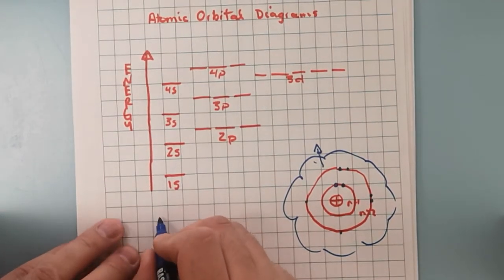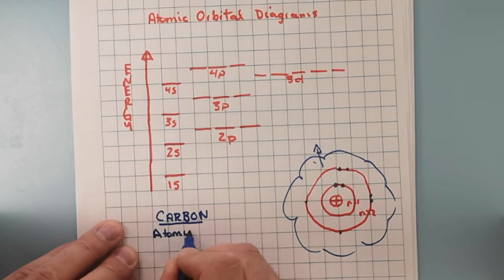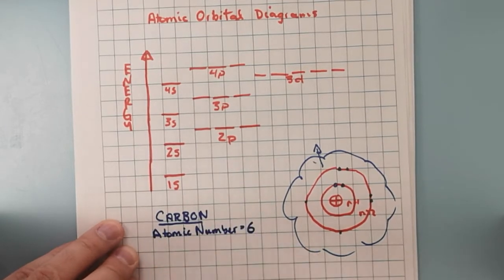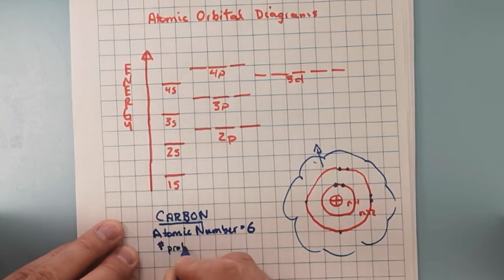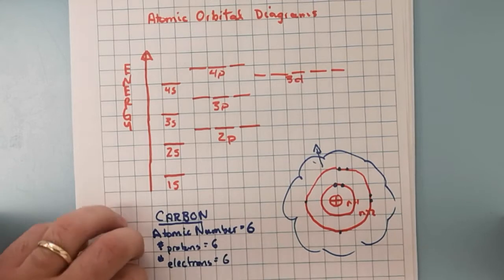Let's draw a diagram for the element carbon. Carbon has the atomic number of 6. This means that its number of protons is equal to 6, and its number of electrons is equal to 6.